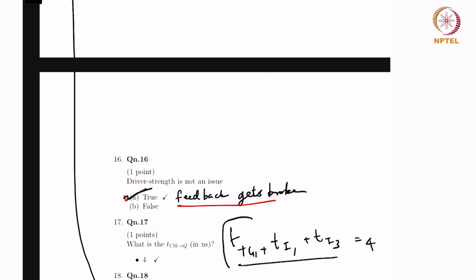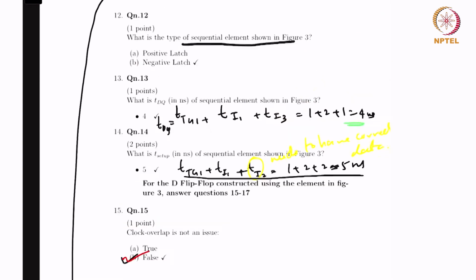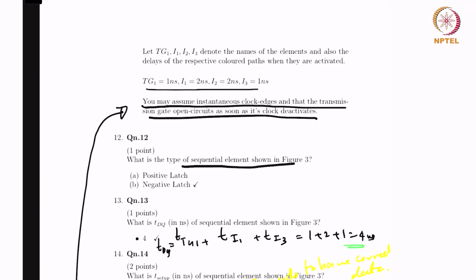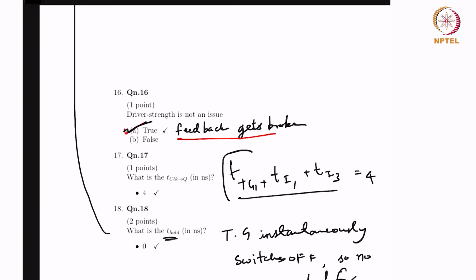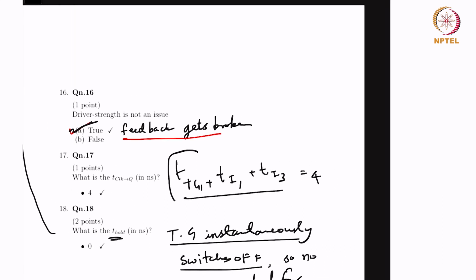So when you look at what is T hold of the circuit, we need to come back to the assumption where it is stated that you may assume instantaneous clock edges and the transmission gates open circuit as soon as the clocks deactivate, right? So when you look at this, it says the transmission gate instantaneously switches off, so no time is needed for transparent to opaque conversion. So hence the T hold is 0, right?